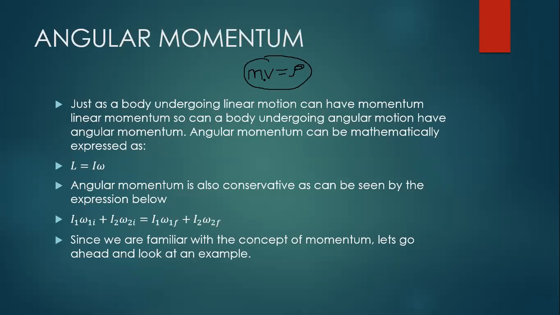So we shall use this same concept in angular motion to talk about angular momentum. In rotational motion, what is analogous to mass is the moment of inertia, which we denote as I. And what is analogous to velocity is angular velocity.